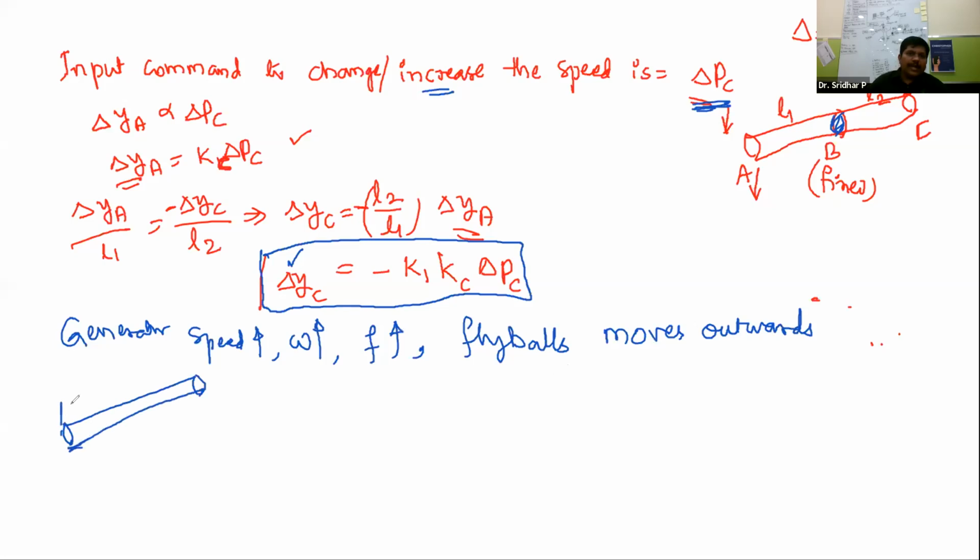This is point A, this is point B, and this is point C. Now this YB will be pulled in the downward direction. Yesterday's videos and just now I have given the explanation: if the fly balls move outwards, then automatically B may not be fixed, it will be pulled in the downward direction.